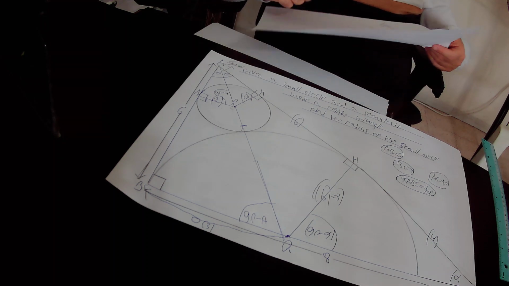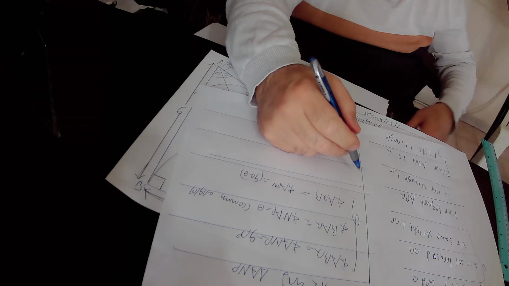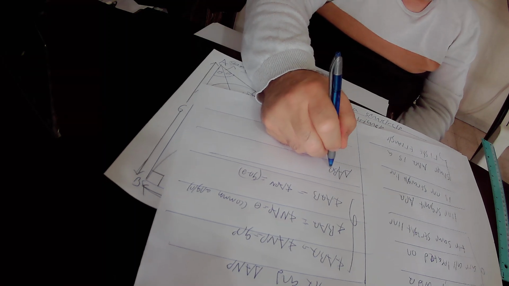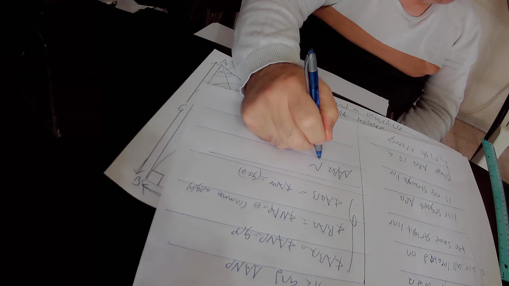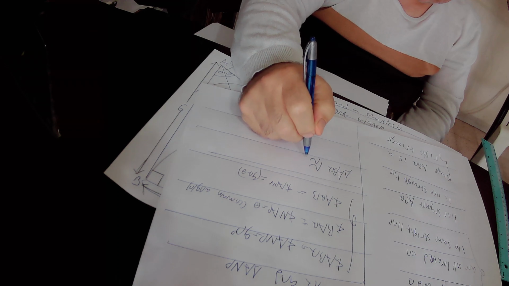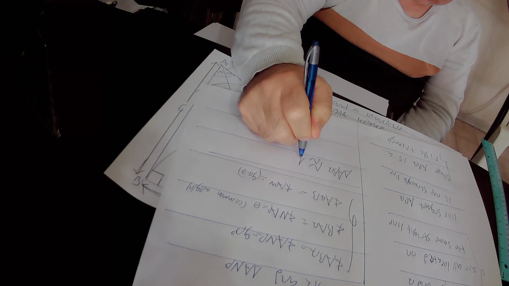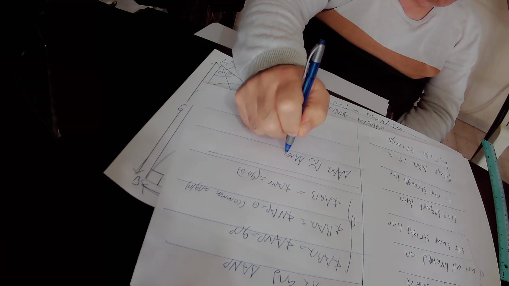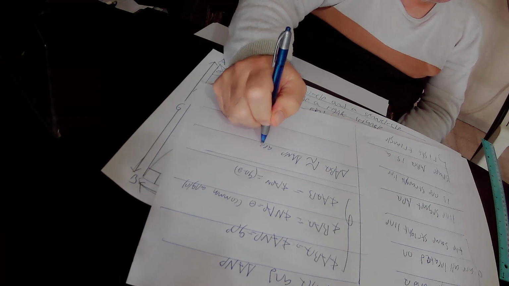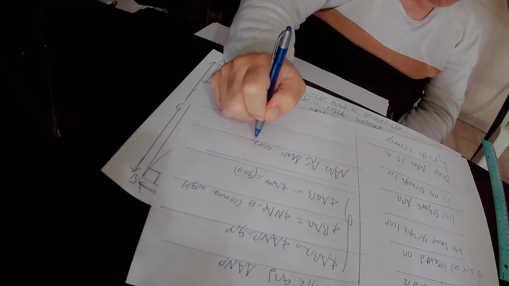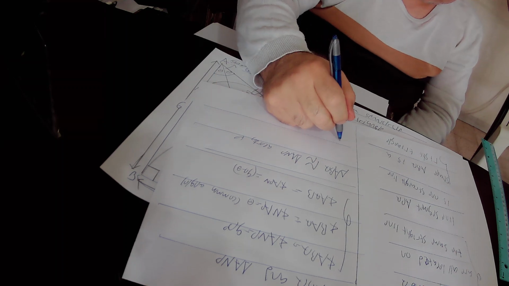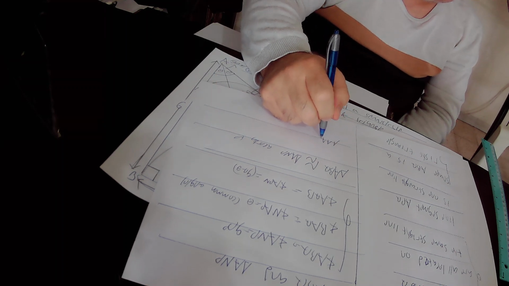So I write it down: the big right triangle ABQ is similar, this is the sign of similar, to the small right triangle ANP according to the angle similarity rule.